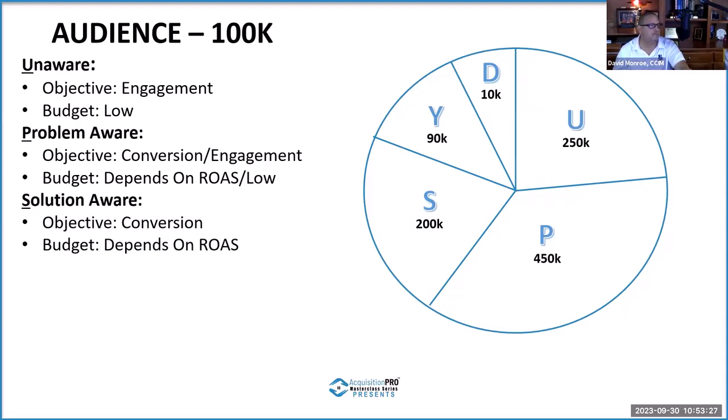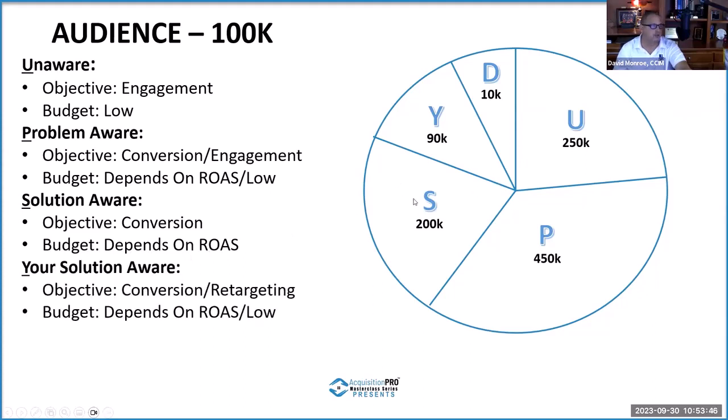Solution aware, conversion objective. Okay. So now we're here. We're no longer running an engagement objective to them. They are solution aware. So we're just running conversion objectives to them, trying to get their lead contact information. And of course, our budget depends on that return on ad spend. You're solution aware. So now we're conversion objective as well as retargeting.